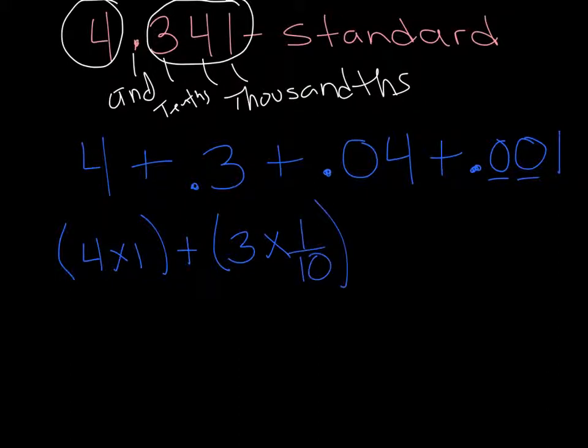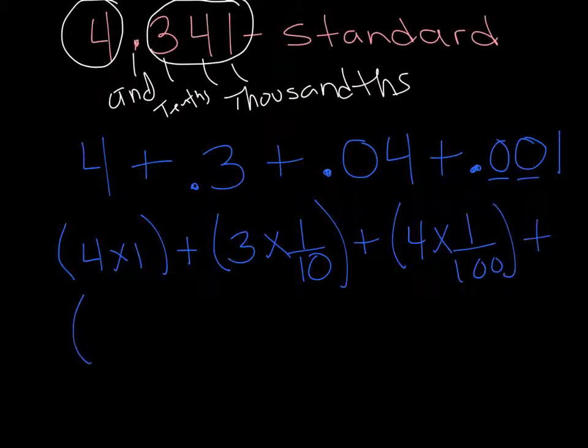We could show that with a fraction. Then the 4 would be multiplied times its place value, which is the hundredths place. Could show that with a fraction. And then my last digit, the 1, is in the thousandths place, and I could show that with a fraction as well by doing 1 times 1/1,000th.